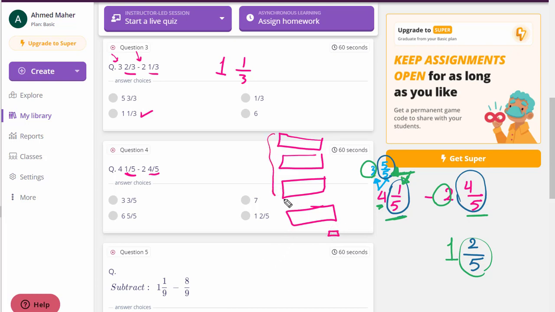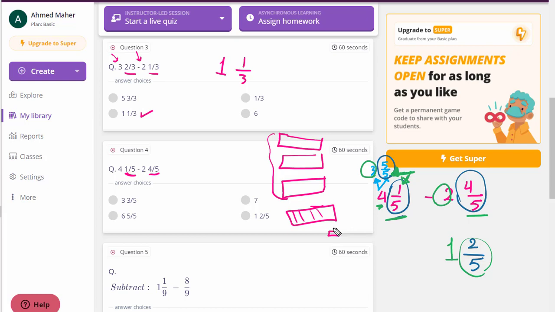Use these as they are, and this one break it into 5/5. And why do we break it? Because we need to take away 4/5. We don't have 4/5 to take.